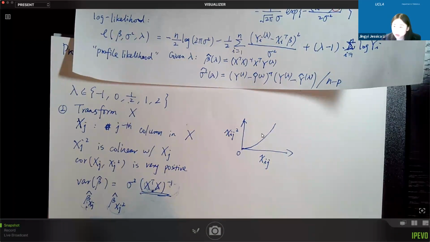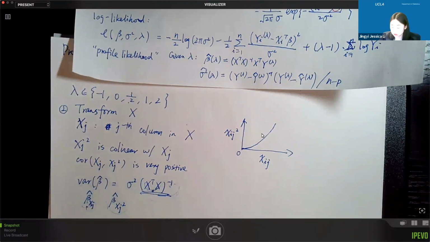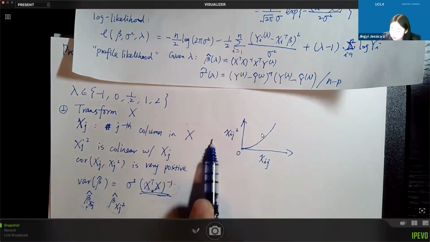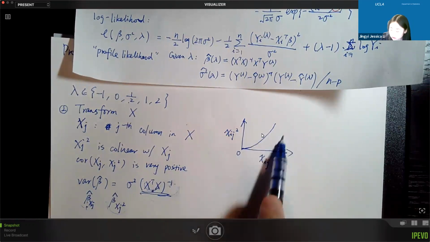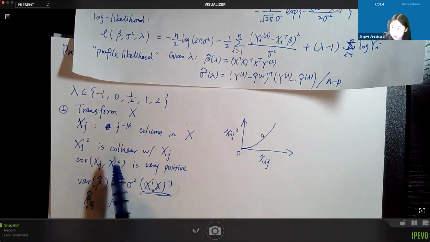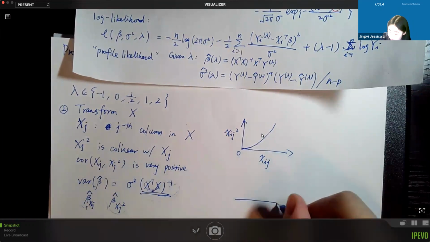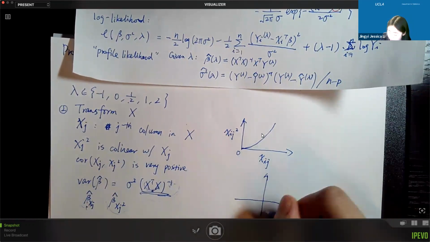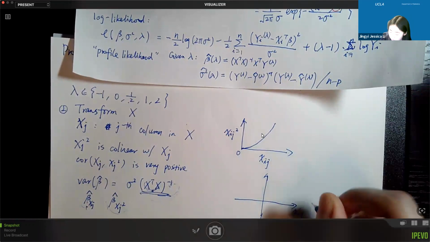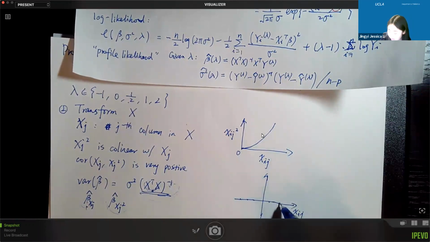So that's something we want to largely reduce by creating new features. We want to reduce the collinearity. So then the practical consideration is that when you do the square, you first center your column to be 0 centered. So in other words, your xij will be evenly scattered around the 0.